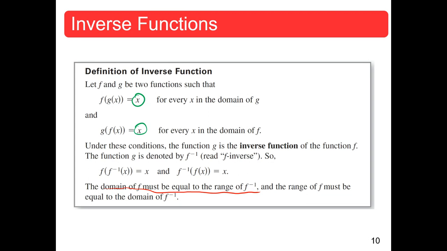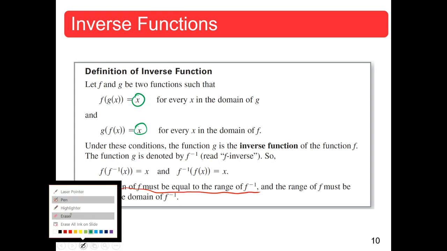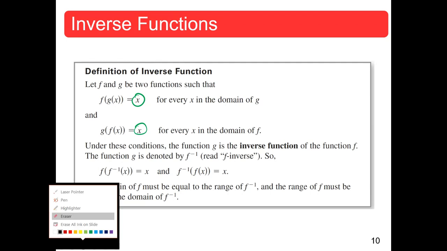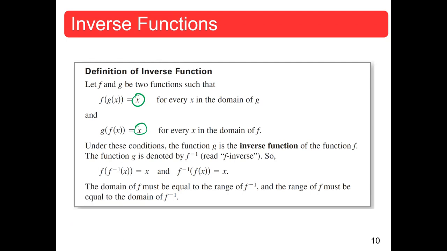Also, here's one little bit of information that I think is kind of interesting that you may want to know. The domain of f must be the same as the range of the inverse. Remember, I told you at the very beginning, we're literally just switching the x and y's. So for f of x, we know that the x's are the domain, right?